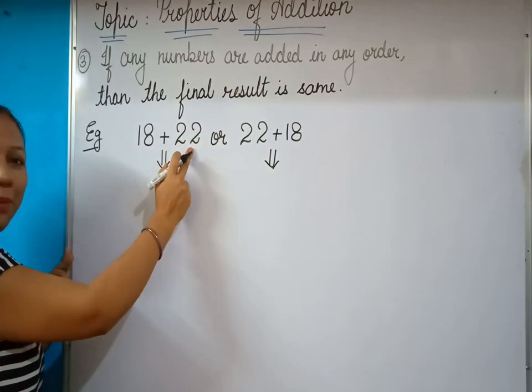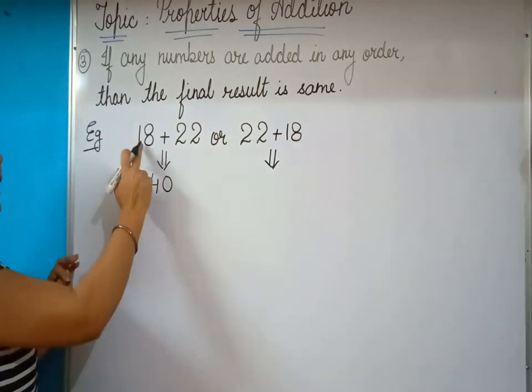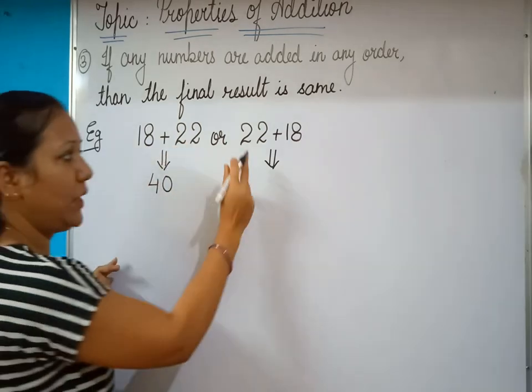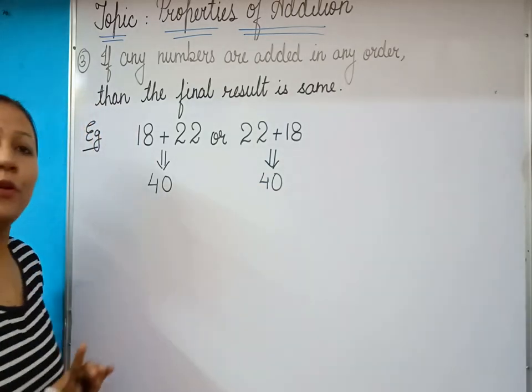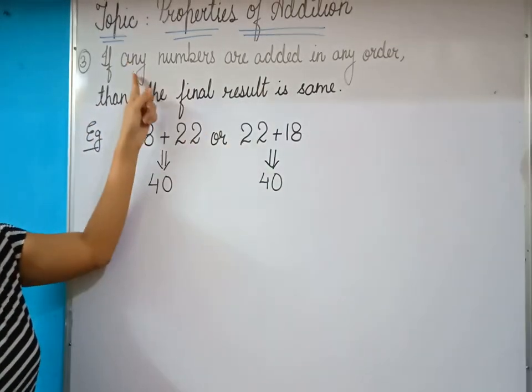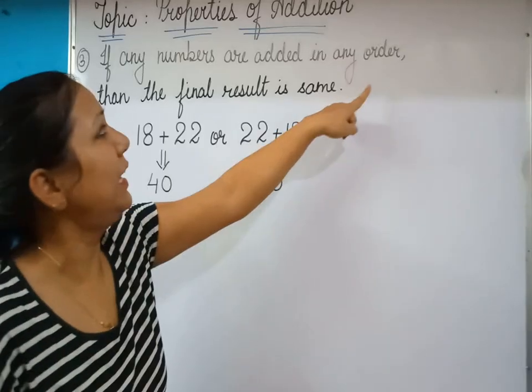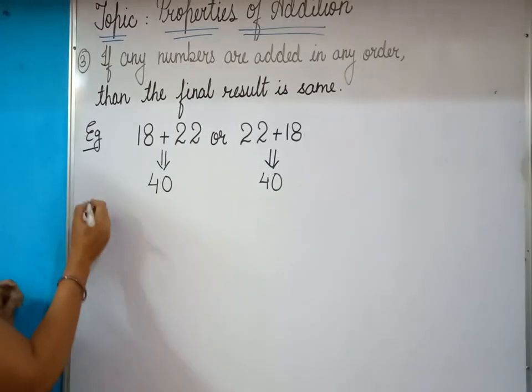Can you tell me what is 18 plus 22? Yes, the answer is 40. 18 plus 22 is also 40 and 22 plus 18 is also 40. So this is our third property of addition. Any numbers are added in any order, then the final result is same.